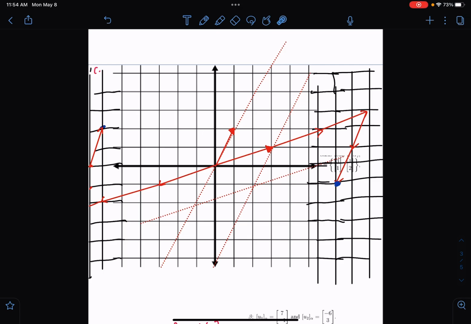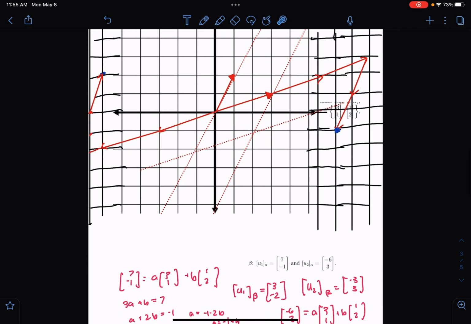So the black lines are going to represent the standard coordinate system, and these red lines, I didn't really continue it all the way out, but these lines would be continued here, here, here, and here to form the new basis.